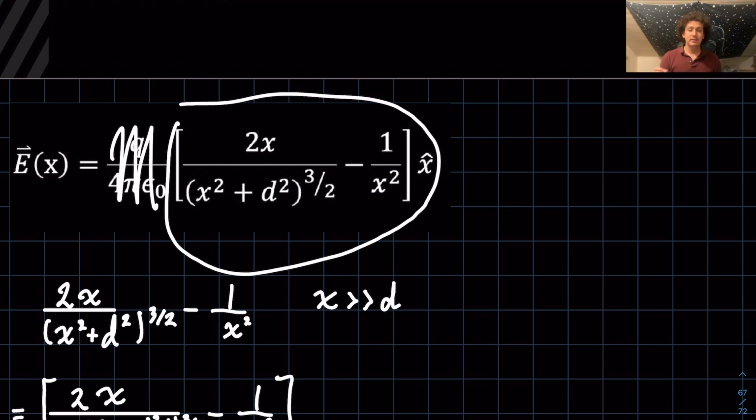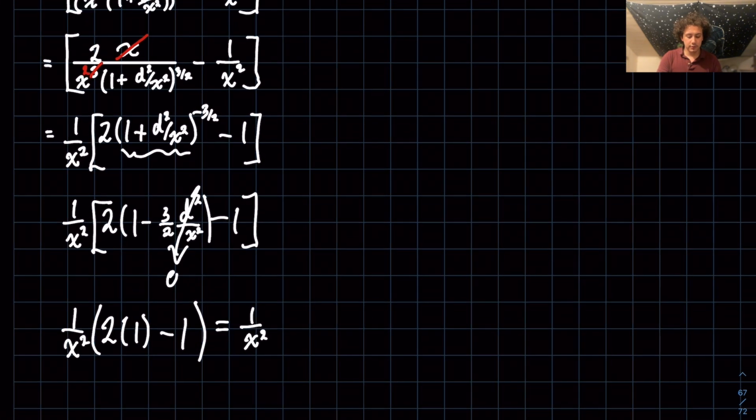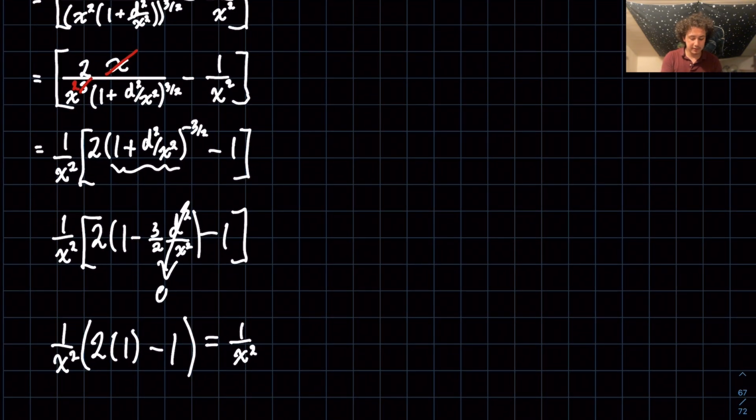It's a lot easier to isolate for x when we have 1 over x squared than when we have this beast of 2x over this whole quantity to the 3 halves. That's a lot harder to isolate for x. I'm not even sure if it's possible to do. So instead, we can break it all down to that.